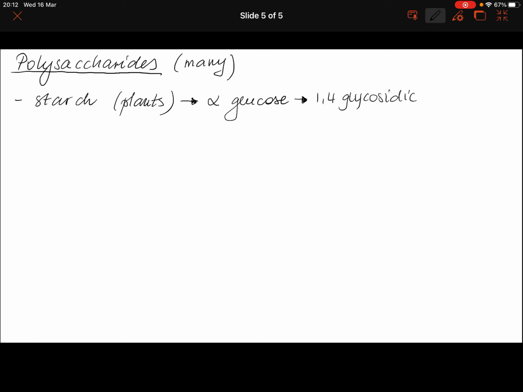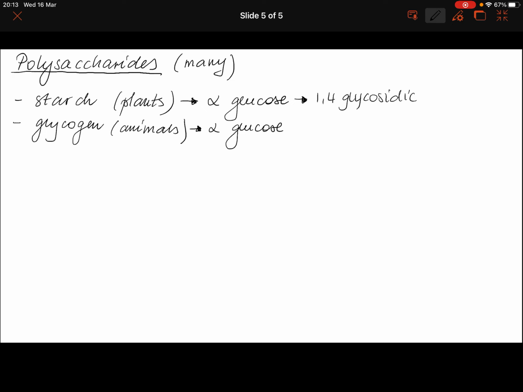Another polysaccharide that we need to be able to recognize is glycogen. Glycogen is found, of course, in our cells, and it's a storage material. Similarly to starch, glycogen is made of alpha glucose.